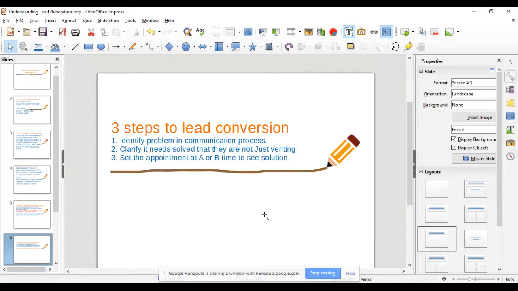So set the appointment at A or B time for them to see the solution to the problem that you've identified in communication. And really, folks, this will earn you way more business than telling them you found the holy grail of opportunities with the holy grail of top earning gurus in the world, the next big one to the big bucks, and if they don't see the information now, they're going to miss the opportunity of a lifetime.